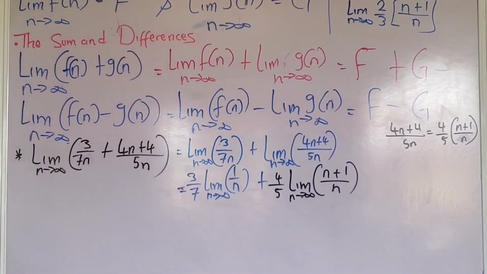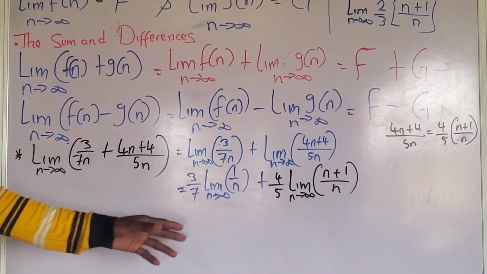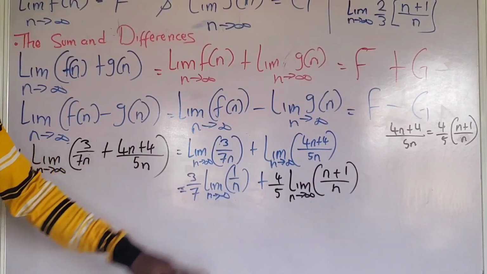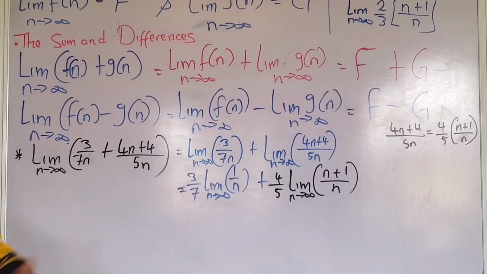Do you understand? Okay, now from this point we can actually take the value of the limit. If you take the limit of 1 over n as n tends to infinity, what will be the answer? The answer will be 0.